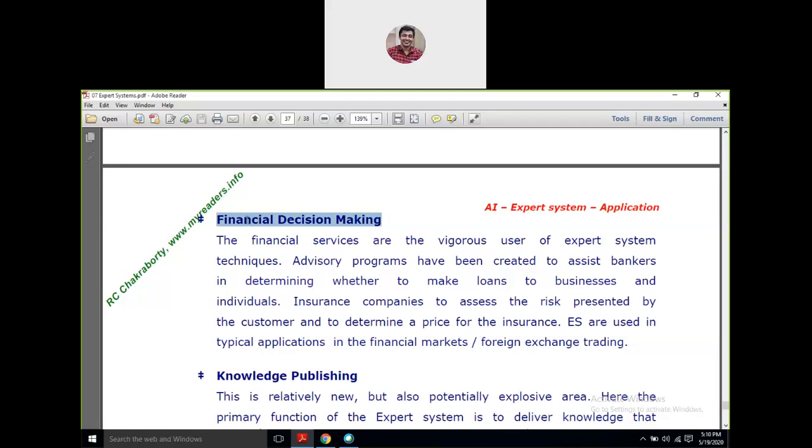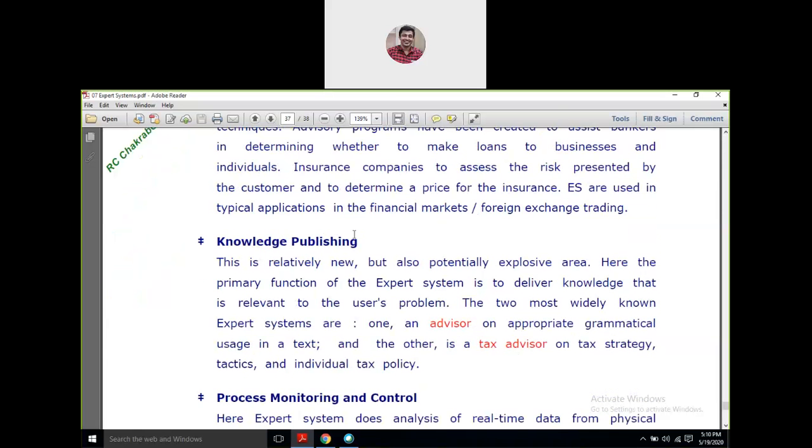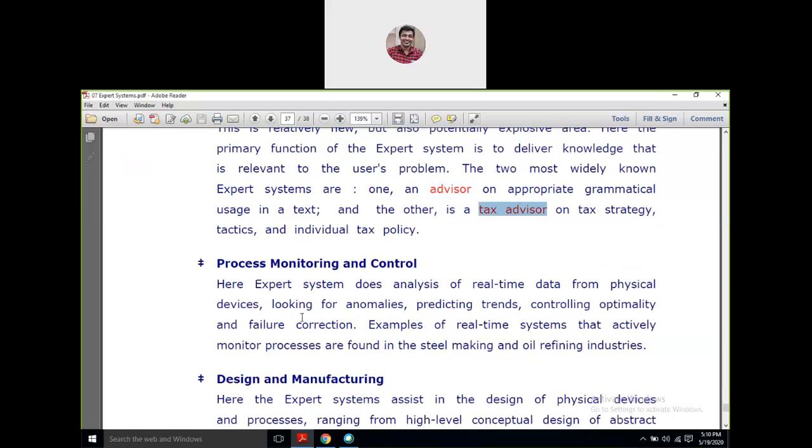I talked a lot on this, how our financial decisions are taken by the use of expert systems. Then knowledge publishing, like advisors and other people, how they use these expert systems. Then process monitoring and control is also there. Then comes design and manufacturing.